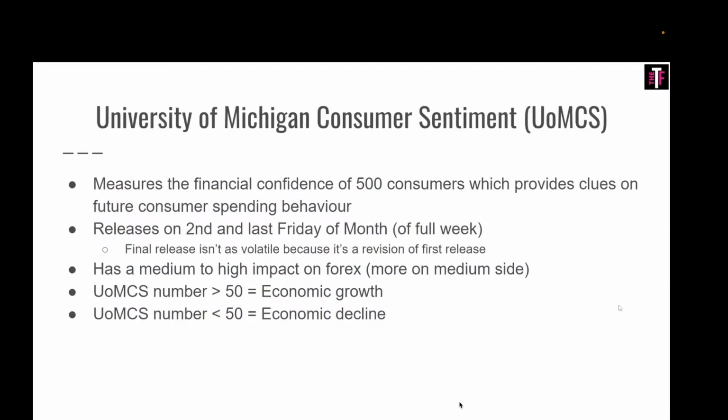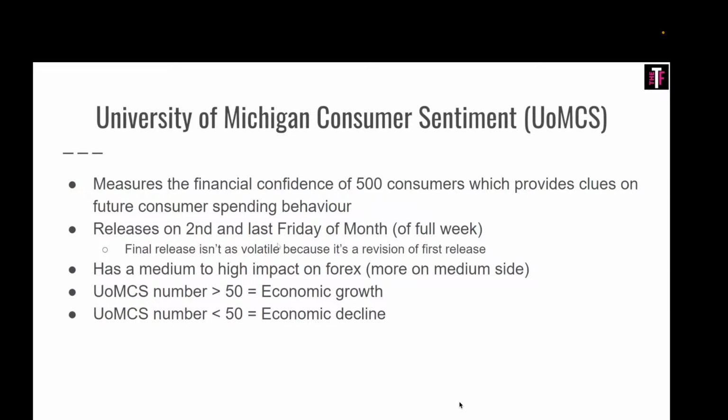Next is University of Michigan Consumer Sentiment. It's a very big word. This measures the financial confidence of 500 consumers, which provides clues on future consumer spending behavior. It releases on the second and last Friday of the month of the full week.